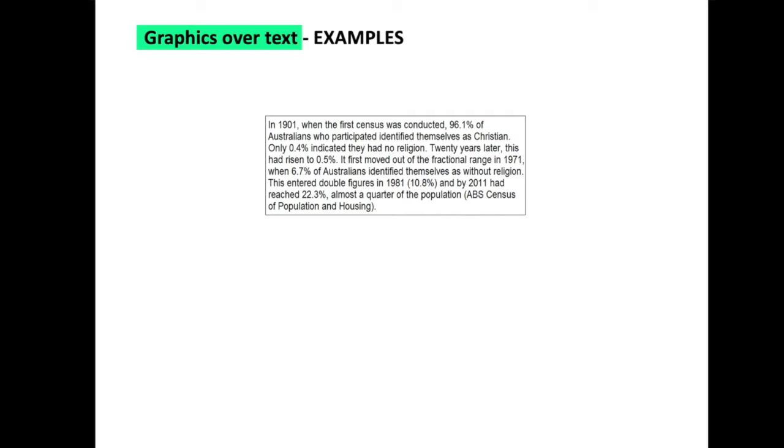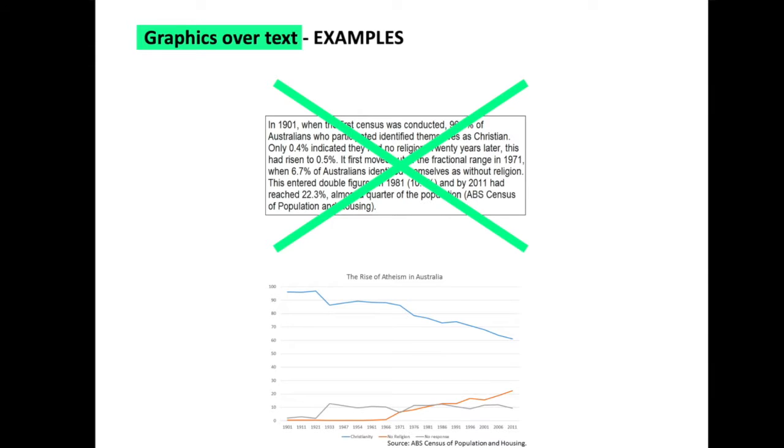This paragraph conveys a particular topic, but it's perhaps not as clear what that topic is without reading it in detail. So one thing that we could do is try to create a graph out of this data. So here we quickly understand that actually that text is about the rise of atheism in Australia.